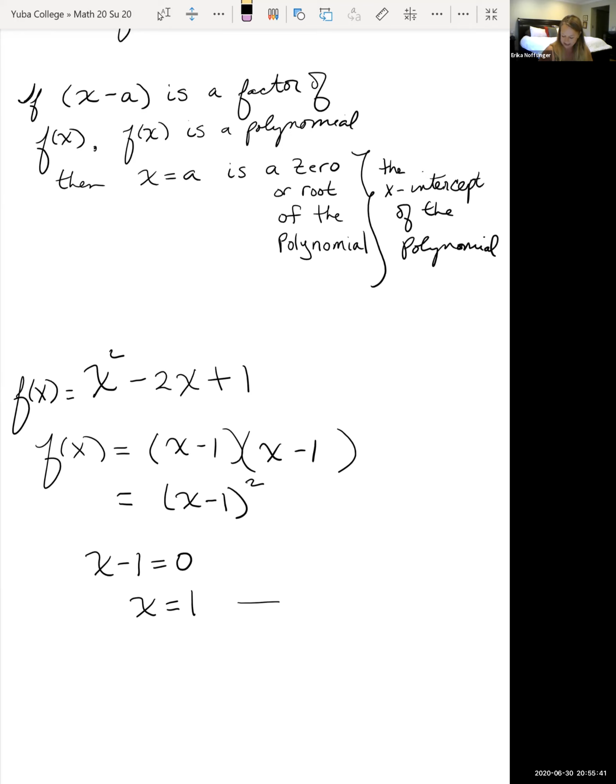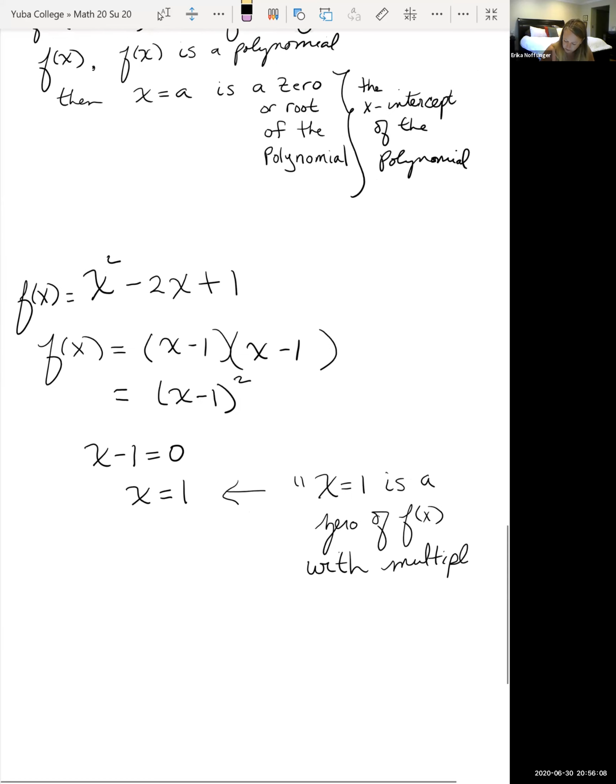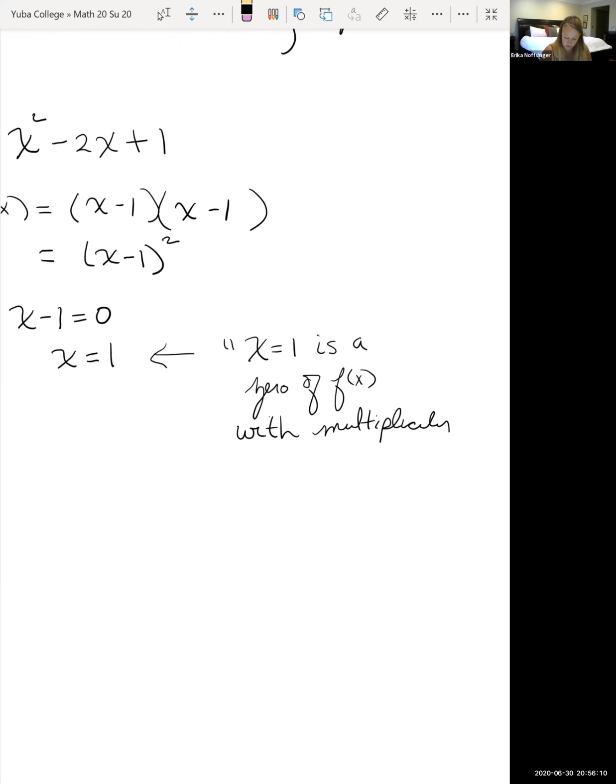So we say that x equals 1 is a 0 of f of x, but we're going to say with multiplicity of 2.